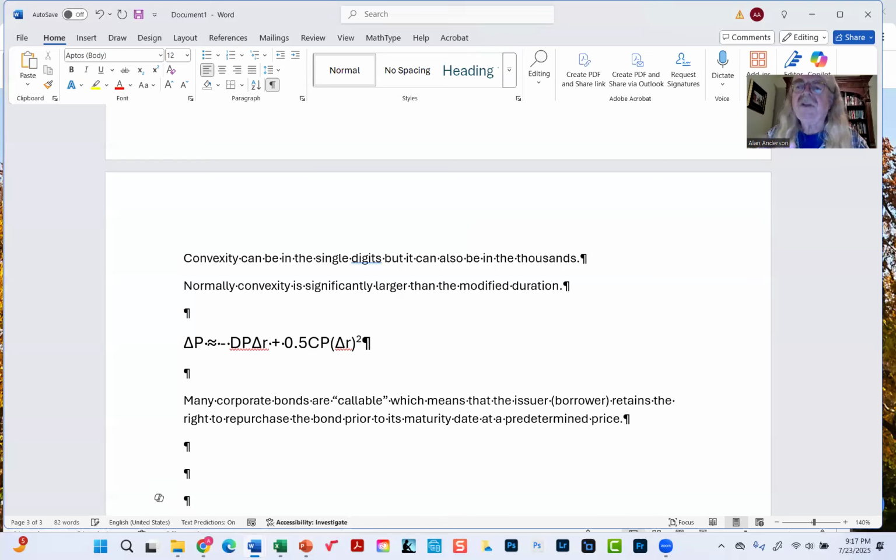All right. So I just want to mention this as an example of how convexity could be affected.